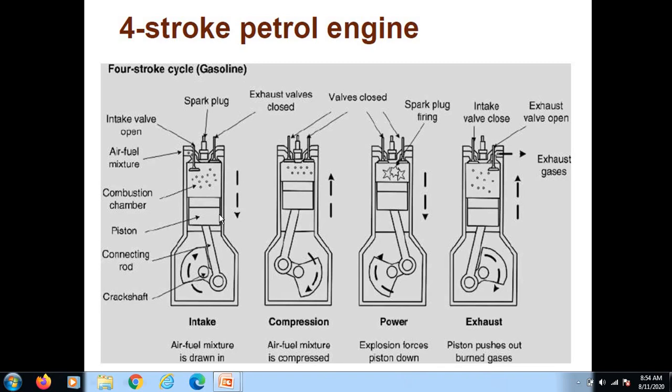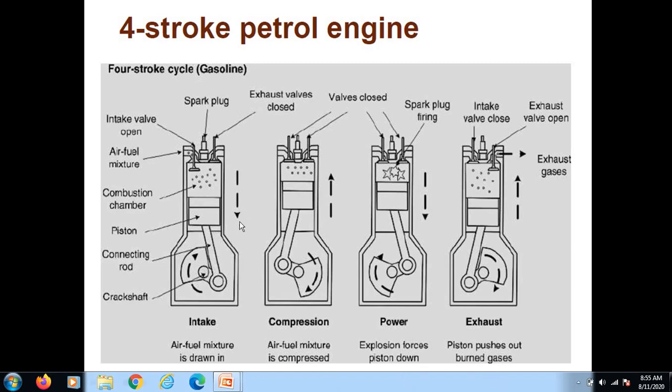The piston moves from bottom dead center to top dead center, and the distance covered by the piston while moving from bottom dead center to top dead center, we call the stroke. Logically, if the piston moves from bottom dead center to top dead center, the crank will cover half a revolution.